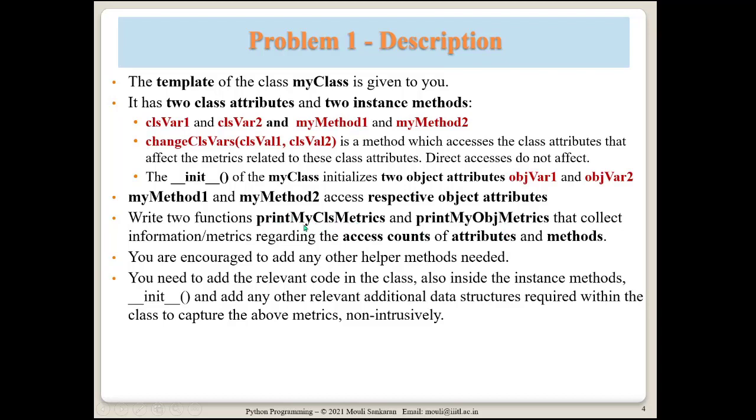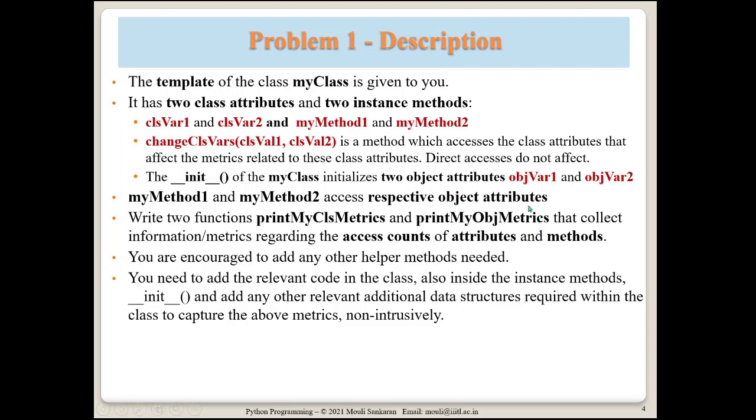Please remember this method is not object level, and I'm sure these metrics also need not be object level. This is going to print all the metrics of all the objects that have been created so far.